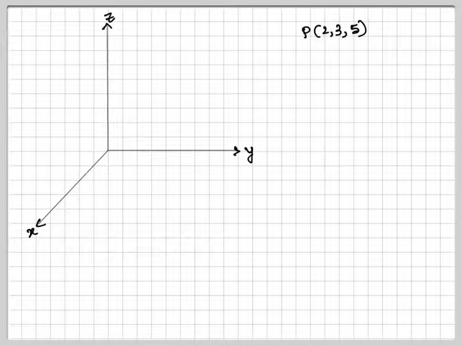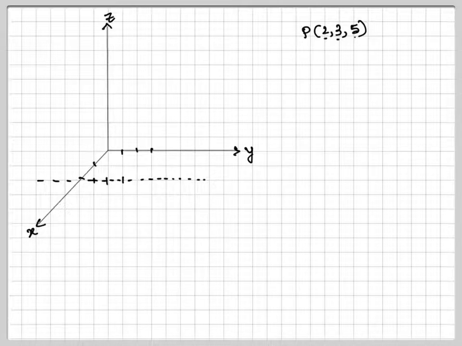Then we mark 2 on the x-axis, 3 on the y-axis, and 5 on the z-axis. We go 2 units along x, then 3 units in a direction parallel to y.